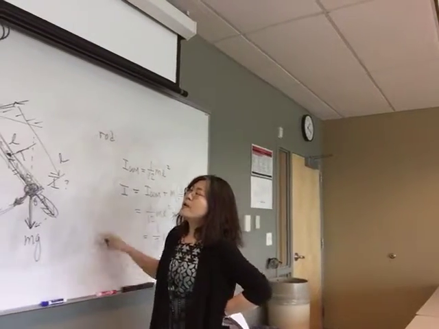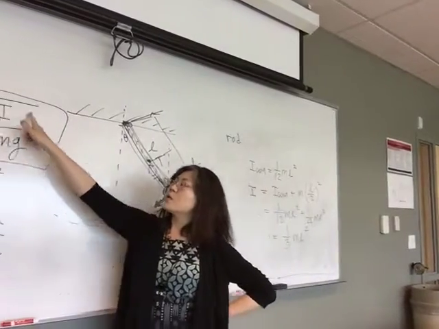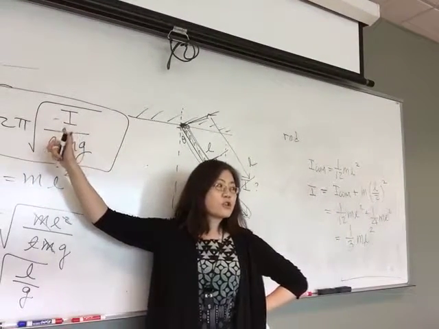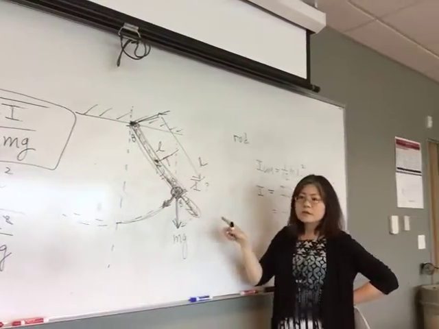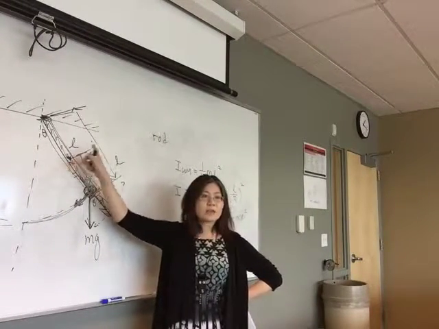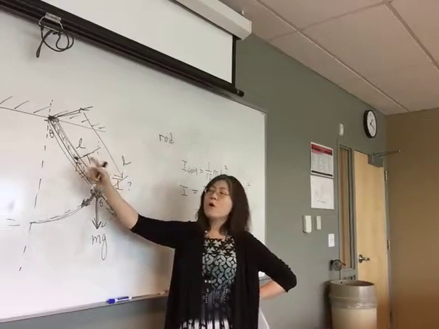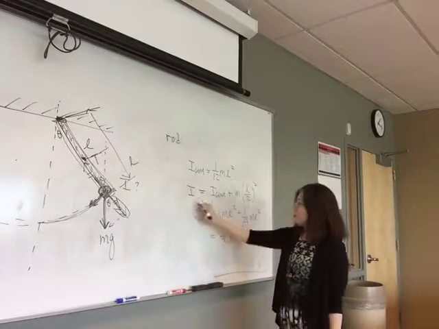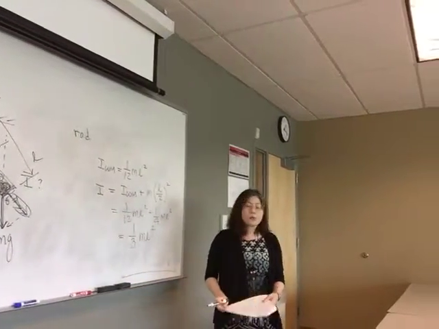So up to this point, it's very generalized. We haven't specified any rotation inertia. If we have a physical pendulum with mass m and length L, and it's uniform, then the rotation inertia is 1/3 ml squared.